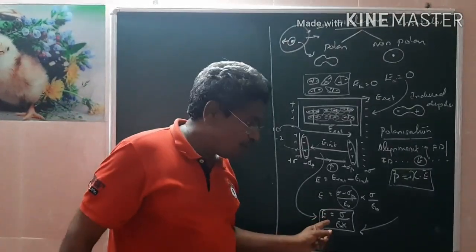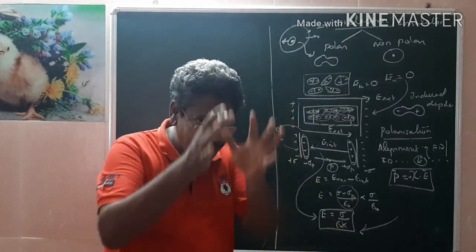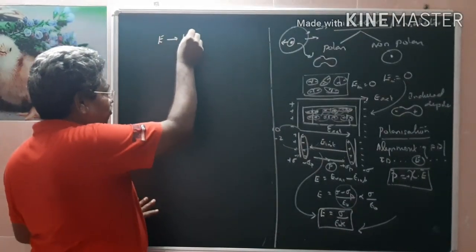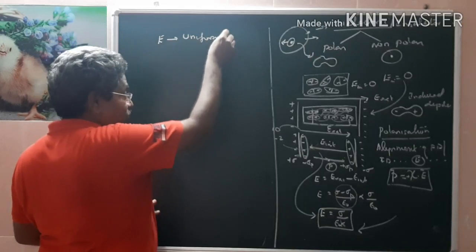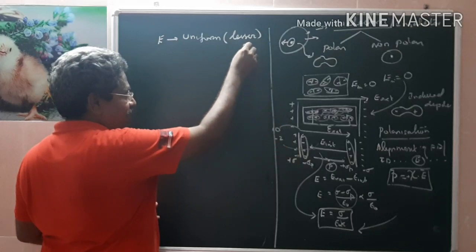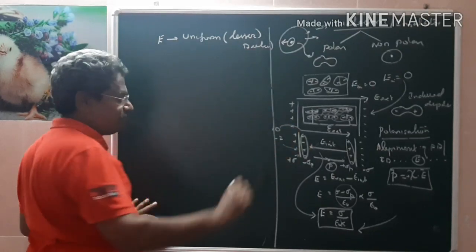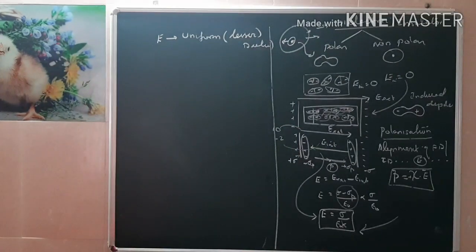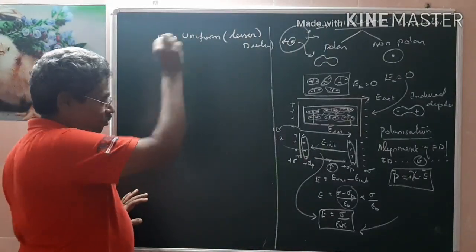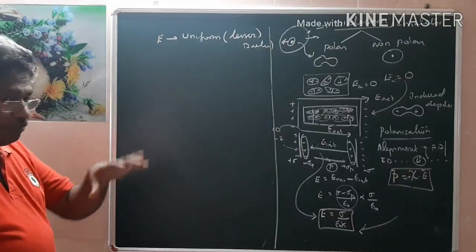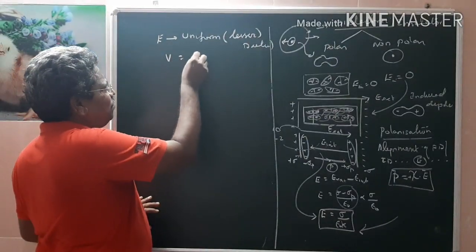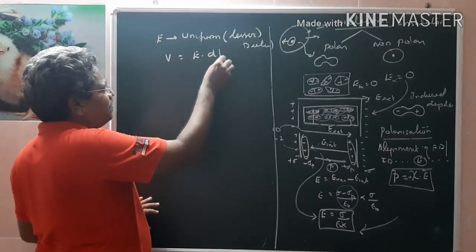What will happen is, due to the introduction of the dielectric, the electric field decreases. Suppose the electric field E is uniform but lesser in a dielectric, even compared to air. When the electric field is uniform and constant, then we can say that the potential V is equal to E into the distance between the two plates.